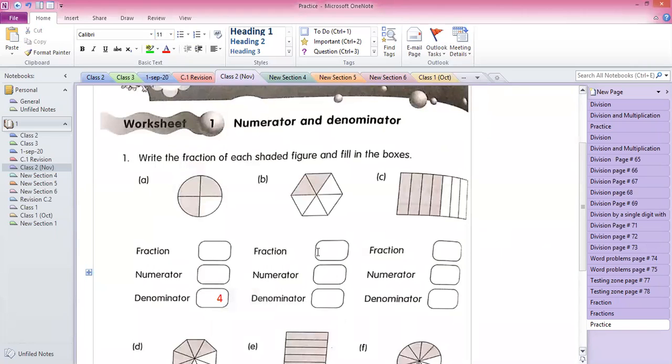Okay, now you have to tell me how many parts are shaded out of 4, because you want to know what the numerator is. So tell me, out of 4, how many parts are shaded?